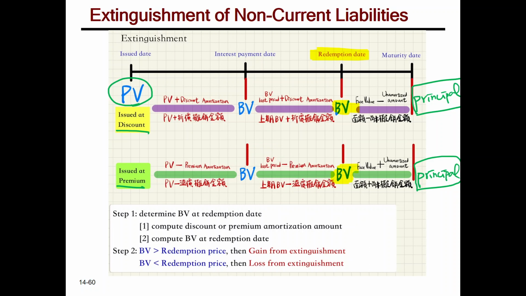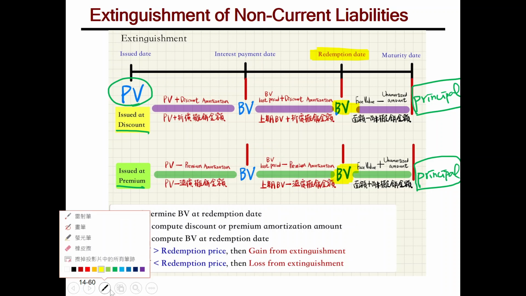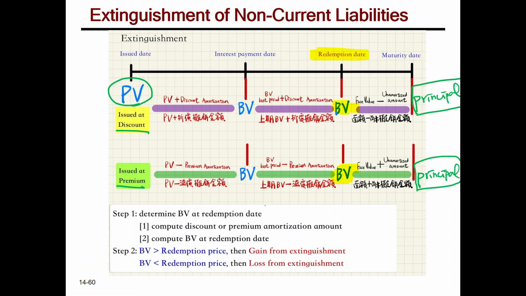Okay? So this is the first step. Find out the book value. Otherwise, you don't know the number. You don't know the number, then how could you record the situations? Okay? So you can do it this way. Start from present value.